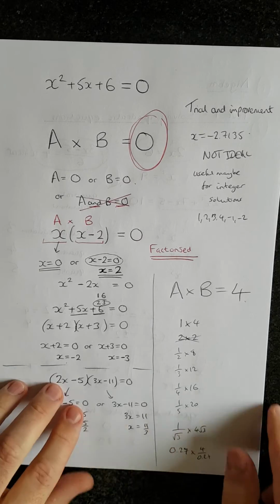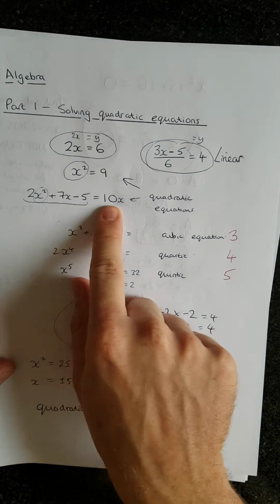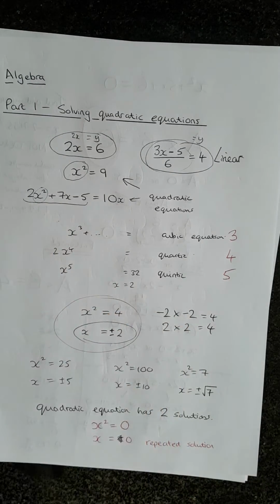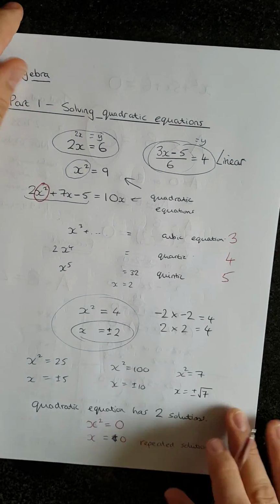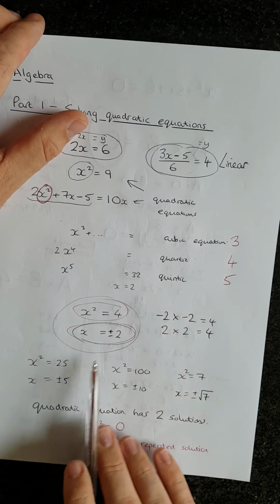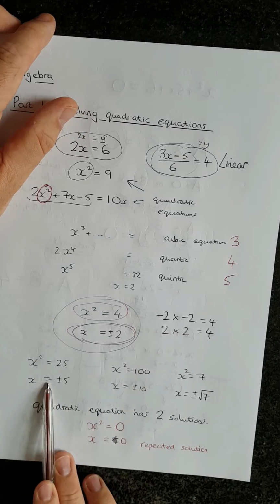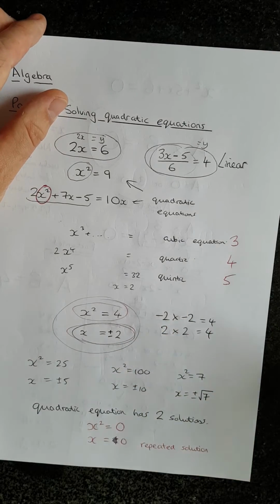So let's quickly recap. We know what a quadratic equation is because the highest power is x squared. We know that we have to watch out for x squared equals 4 giving us plus or minus. And we saw that in several other cases because a negative times a negative also makes the same number.